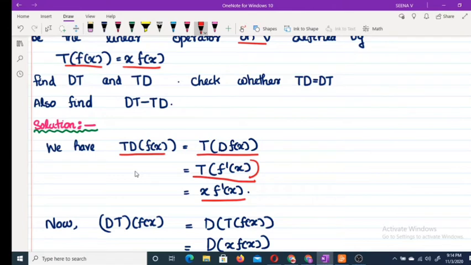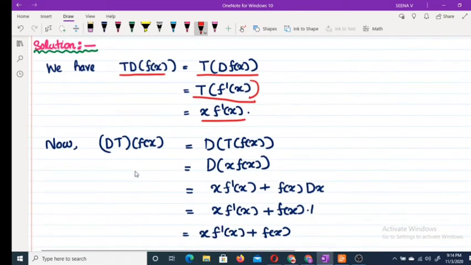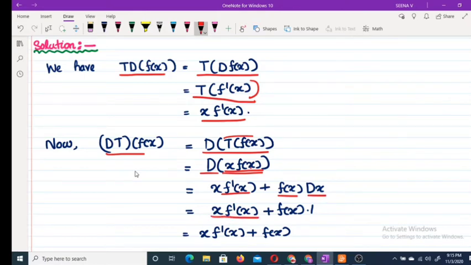Now, what is DT of f of x? DT of f of x is D of T f of x. But T f of x is x f of x. Therefore, the derivative of x f of x. Here we apply the product rule. That means x into D f of x, that is f dash x, plus f of x into the derivative of x, which is 1.